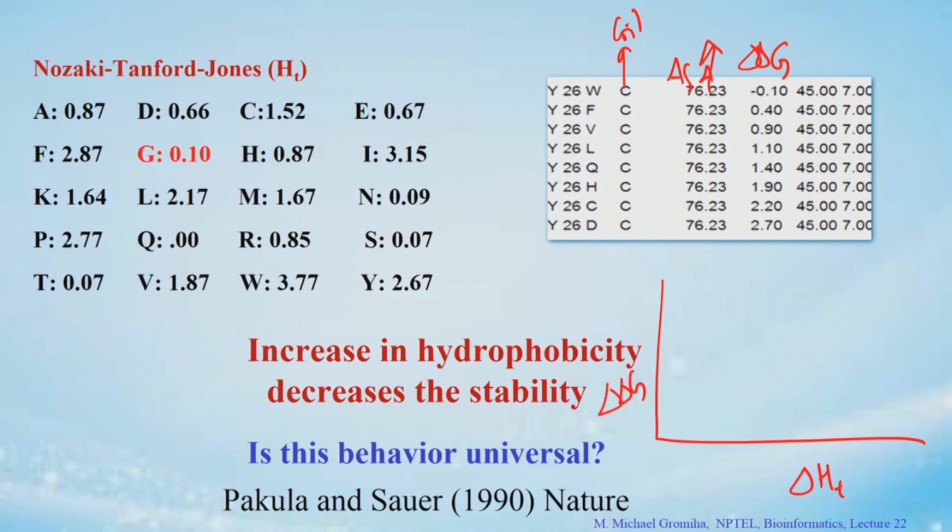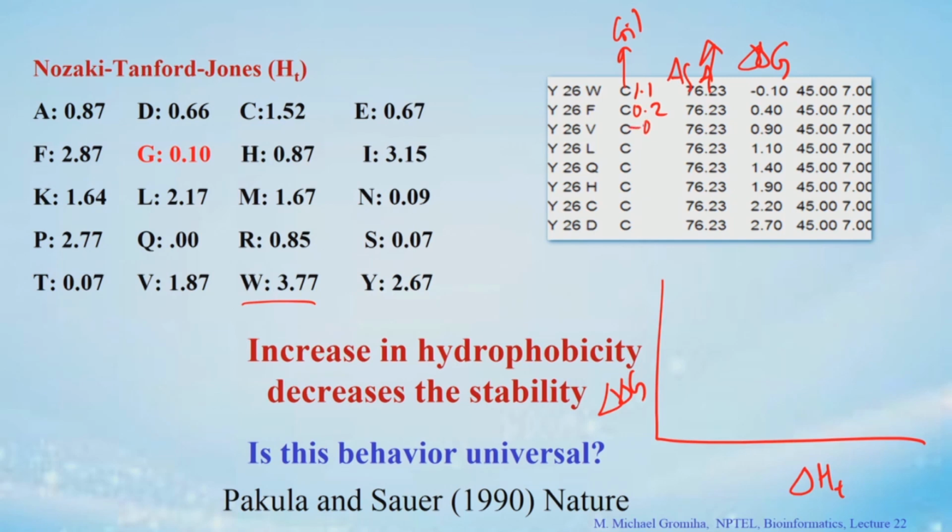Okay, so this is Y26W. What is the value of W? 3.77, for Y 2.67, so this is equal to 1.1. The second one is phenylalanine, 2.87 minus 2.67, this is 0.2.